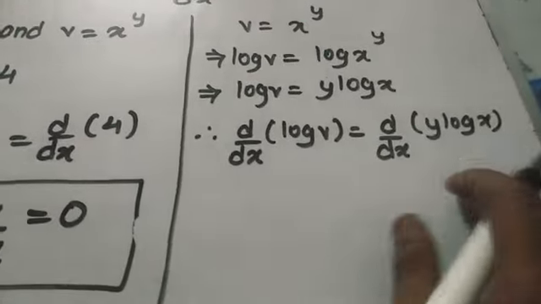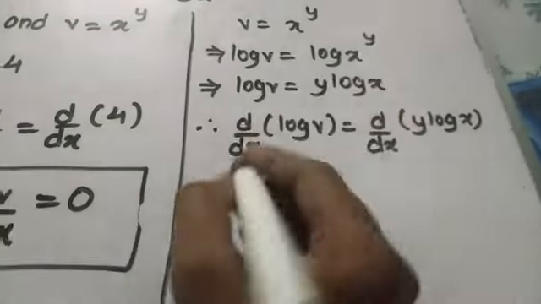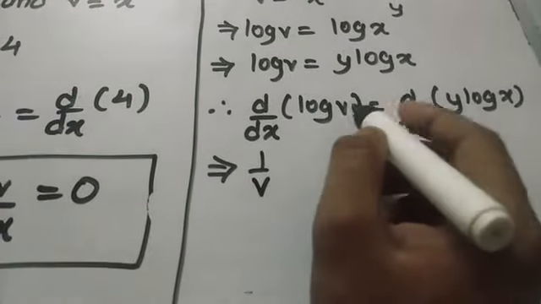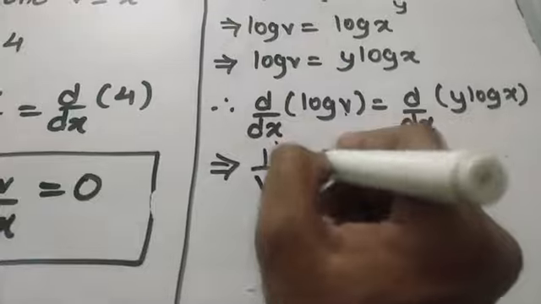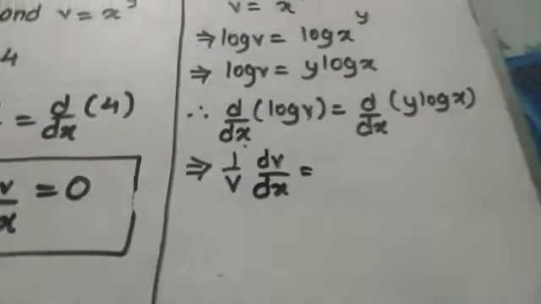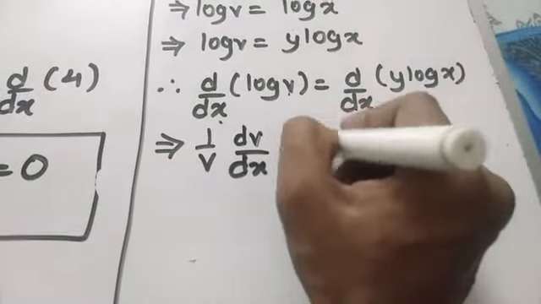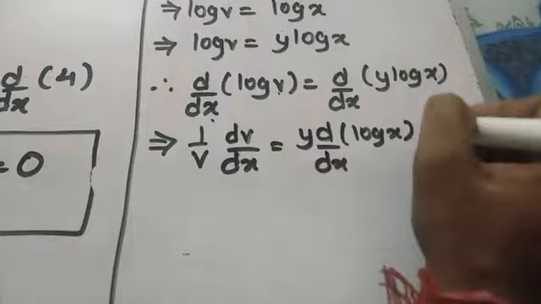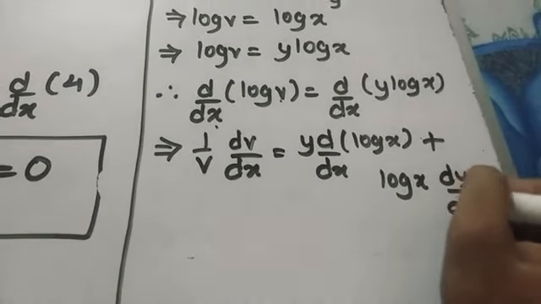After that, now d/dx of log v is, for log v the differentiation is 1 by v. These two are not same, so this is dv by dx. And there are y into log x, two functions, that is product rule, that is y d/dx of log x plus log x dy by dx.